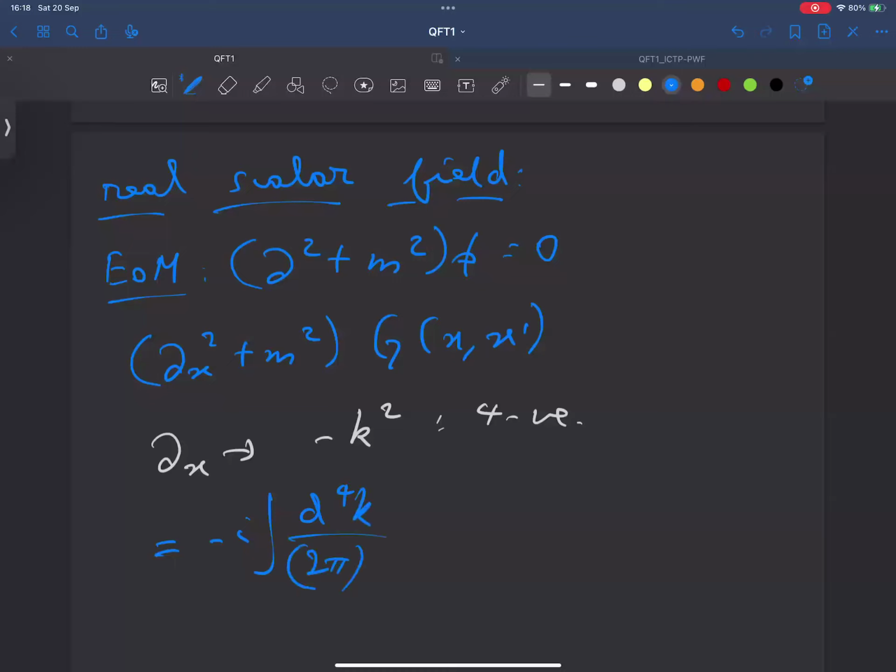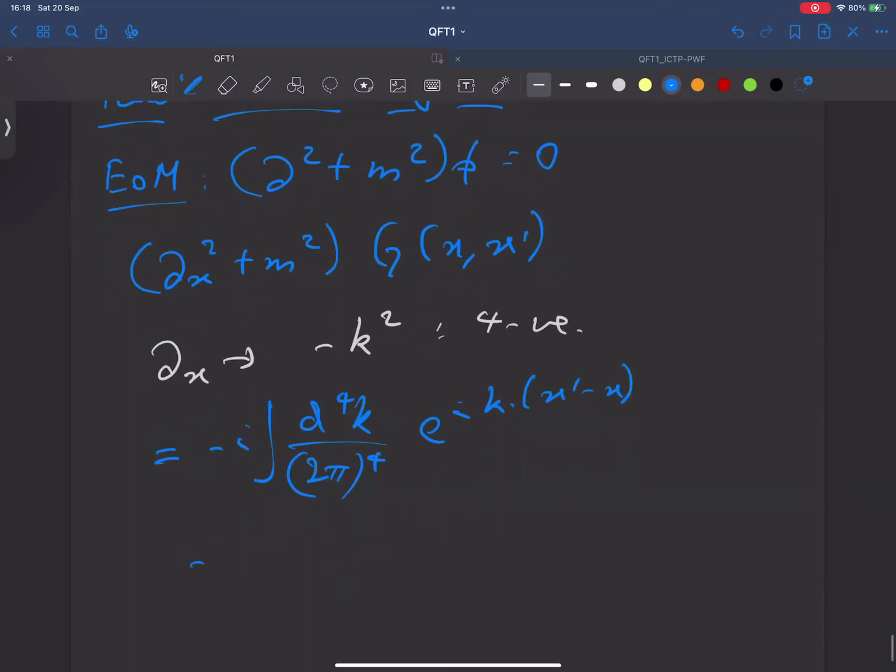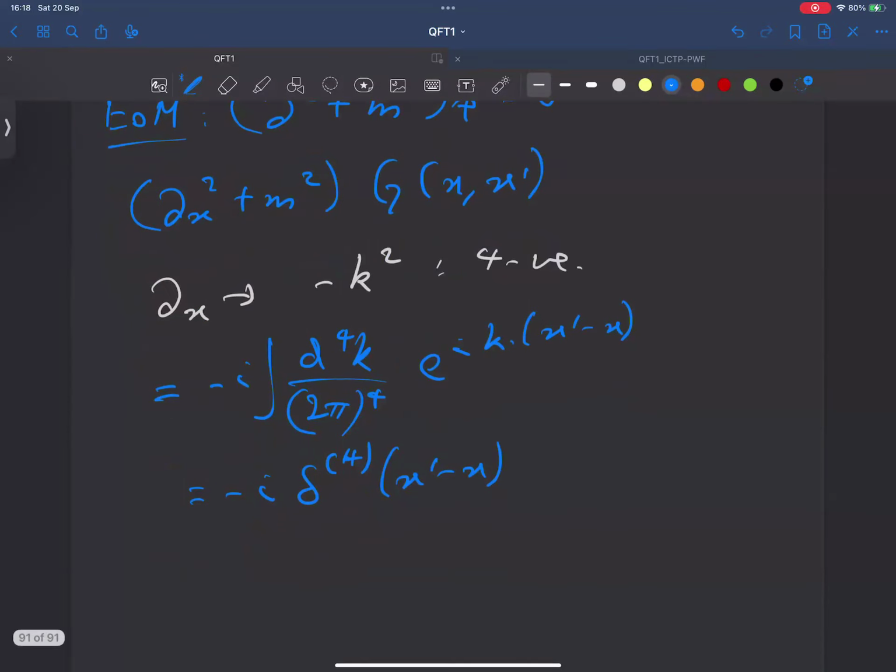the integral d4k over (2 pi)^4 e to the power ik dot (x prime minus x). And as you know, this is just delta. This is something that we said yesterday, that the Fourier transform of identity is just the delta function.